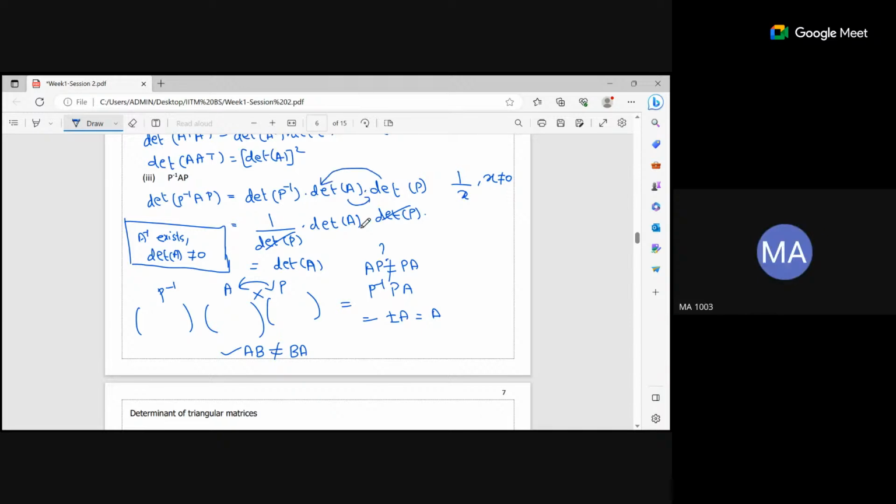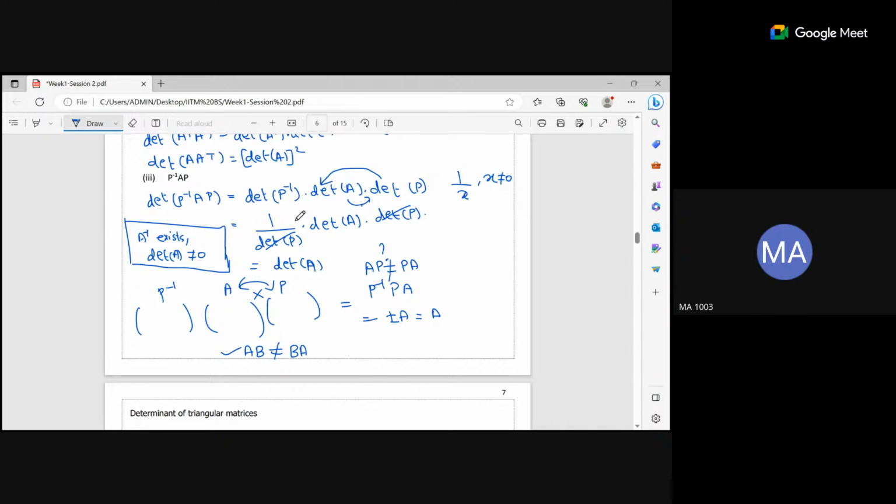And then we can reverse the property, like the determinant of P inverse into A into P, you converted into the large form. Then we can also convert the large form into short form. No. What you are saying is not correct.